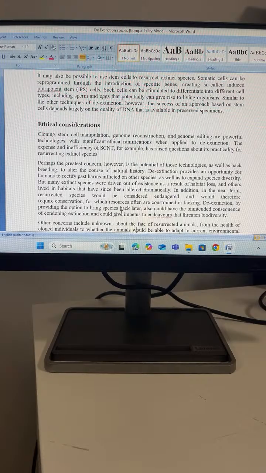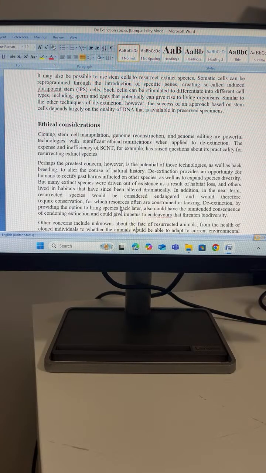De-extinction provides an opportunity for humans to rectify past harms inflicted on other species as well as to expand species diversity. But many extinct species were driven out of existence as a result of habitat loss, and others lived in habitats that have since been altered dramatically.